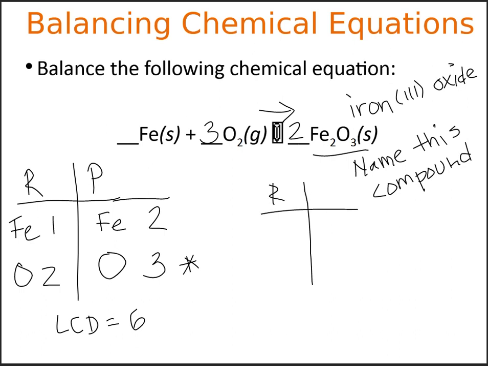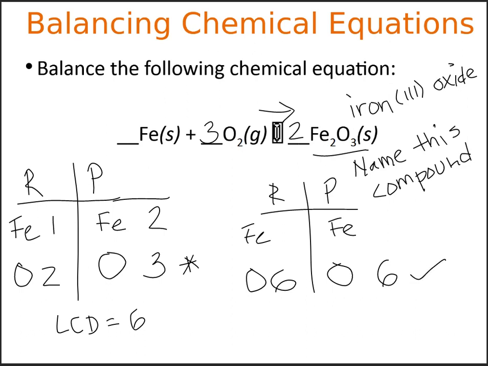So I'll start my new table. We haven't talked about the iron yet, but we're getting there. So by adding this 2 on the product side, we now have 6 atoms of oxygen. By adding the 3 to the oxygen on the reactant side, we have 6 atoms of oxygen. So that balances. Great.